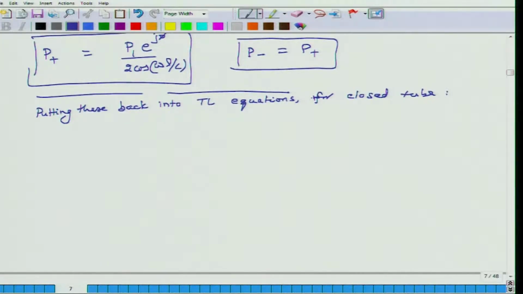So what we get is P of x and t equals 2 cosine omega x over c times real of P1 e^(j phi) over 2 cosine omega L over c. Oh, I am sorry.